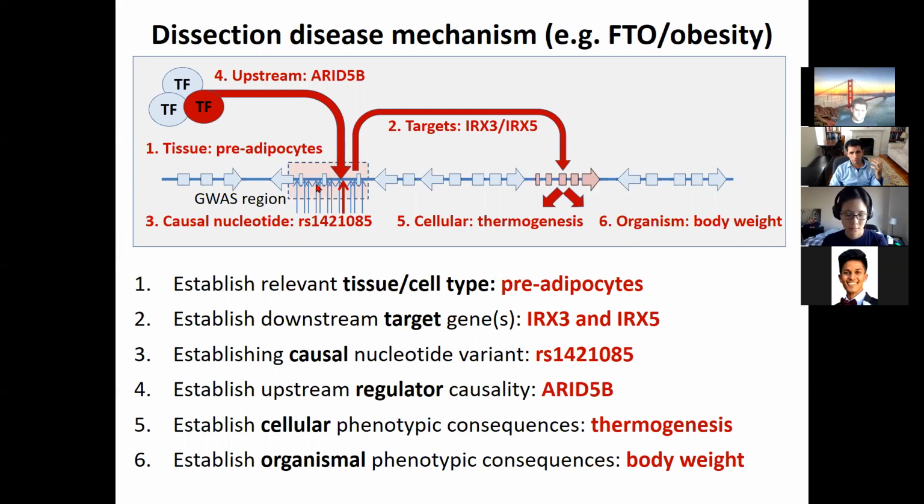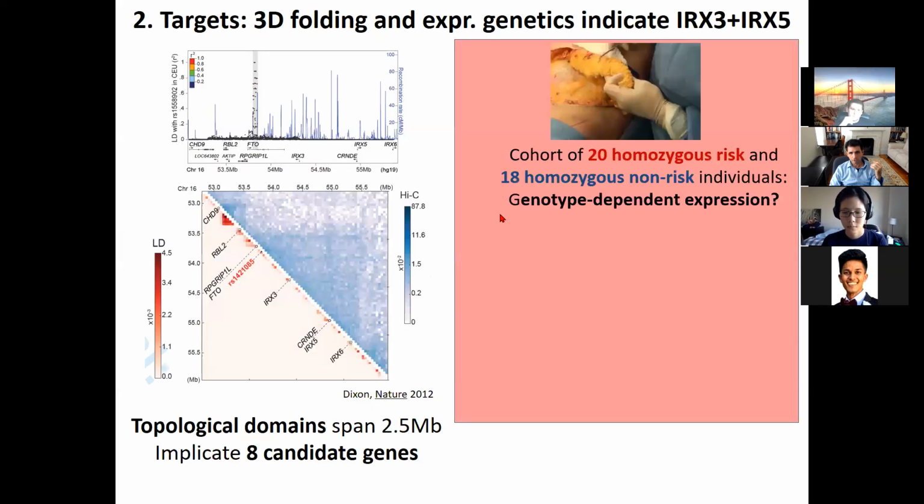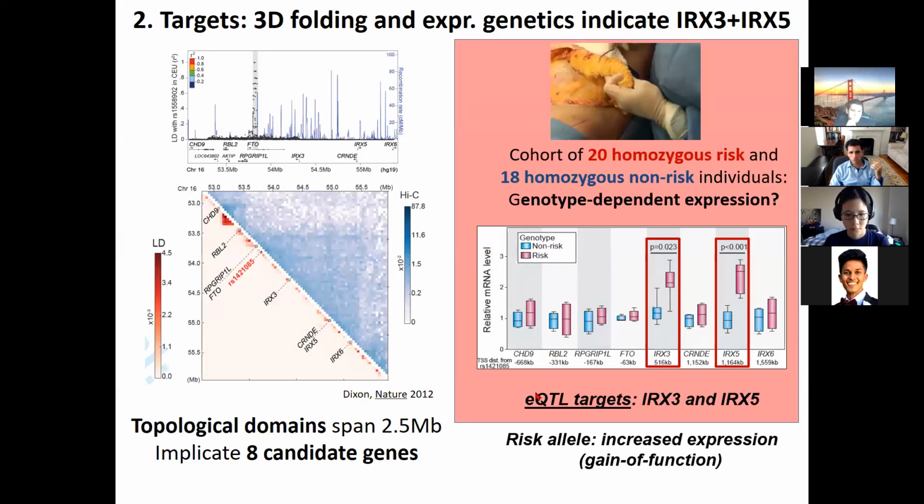So basically, when we asked what are the target genes, one of the lines of evidence for those target genes was that they were eQTLs, that the risk genotype led to increased expression of those two genes. So that's the basis of an eQTL study.